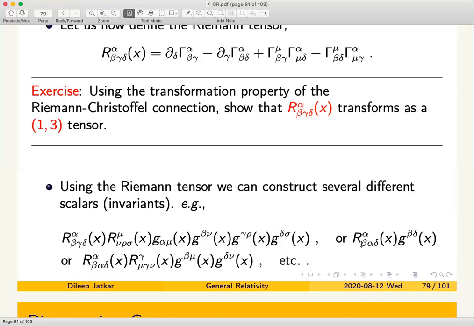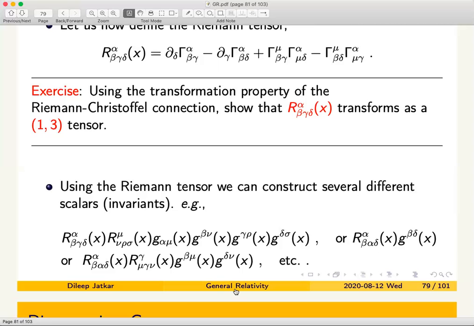Then you are left with beta and delta, which you contract with the metric. Okay, so this is a scalar, and you could ask whether this quantity would be a useful quantity to distinguish different geometries. And of course, this could also be useful.